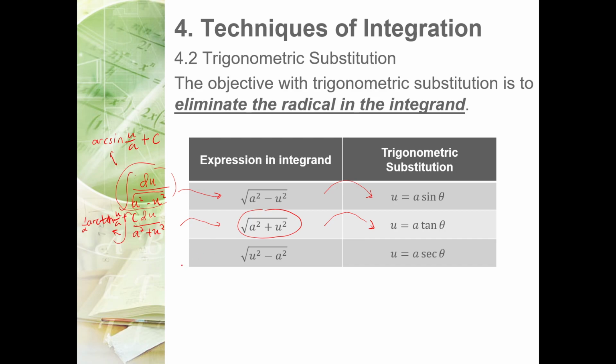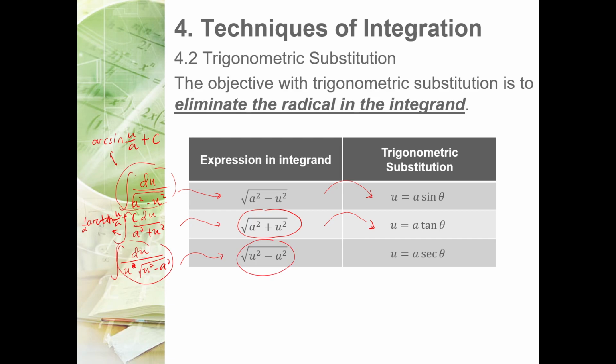And then lastly is your u squared minus a squared. Again, if you don't achieve the format in the inverse trigonometric integrals, which is u times the square root of u squared minus a squared, but for example, you don't have this format, but you have this format, we can utilize the trig sub technique.